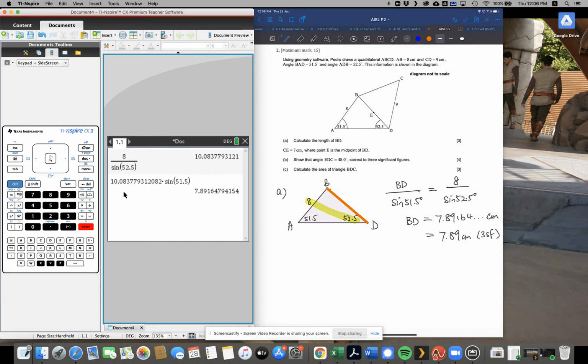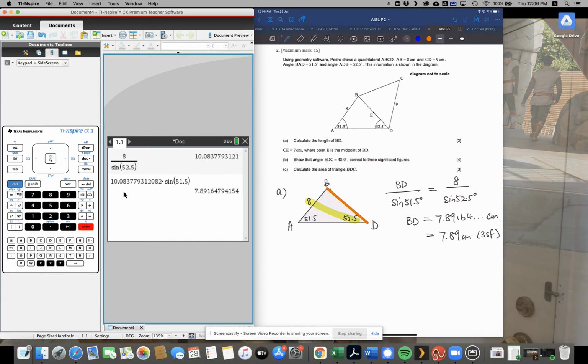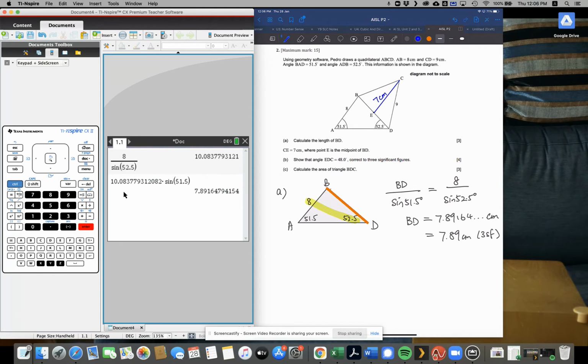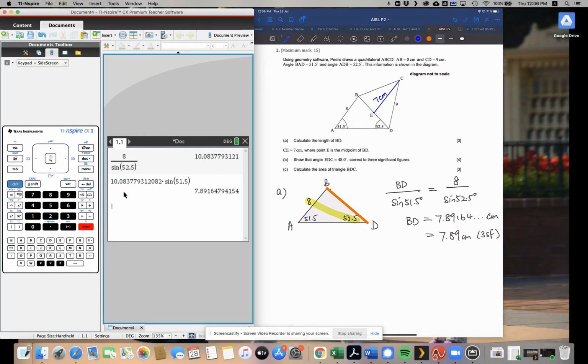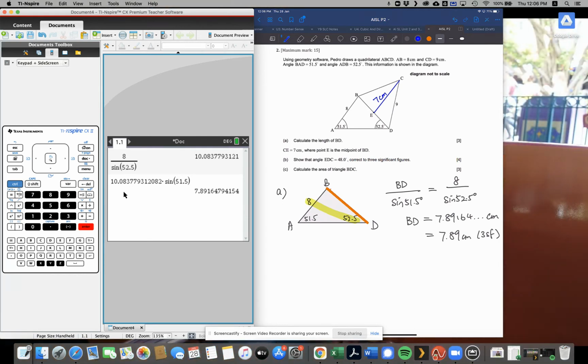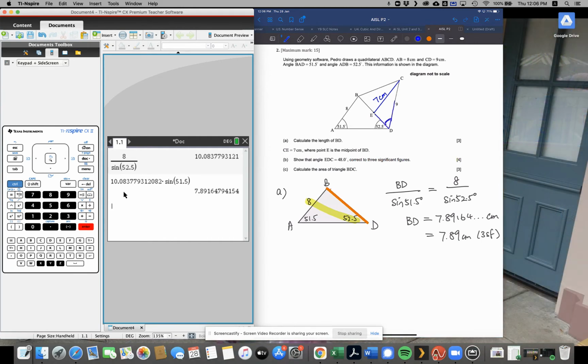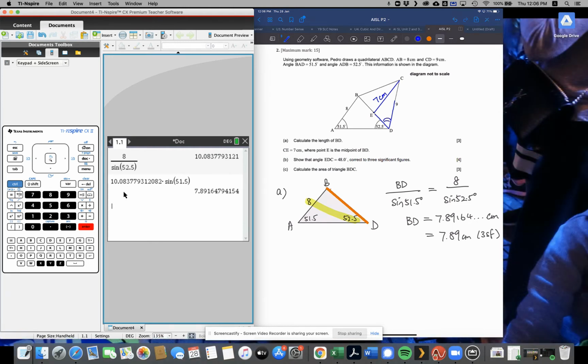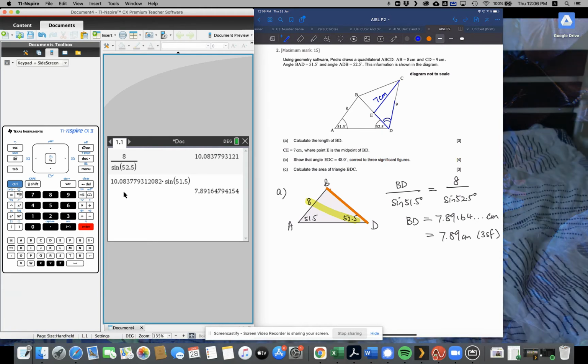Next, you were told C to E is 7 centimeters, where point E is the midpoint of BD. Show that the angle EDC is 48 degrees, 48.0 degrees to 3 significant figures.